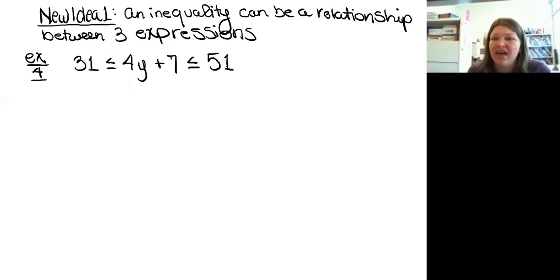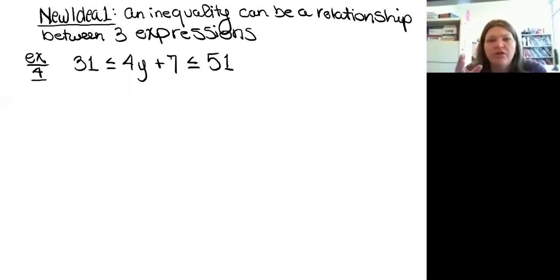Can you see that on the left? I have just 31. And then I have in the middle 4y plus 7. There's another expression. And then I have on the right 51. That's another expression. It's a simple little expression. It's just a number, but it still is 3 expressions that are related to each other. Can you guys all see that there's actually 3 expressions here? Yes. Can you visualize that? I just need you to visualize that.